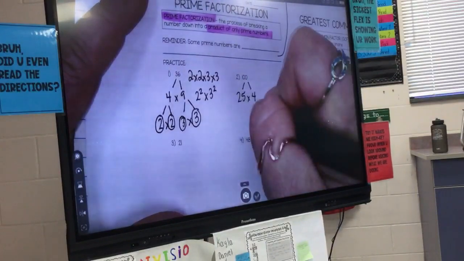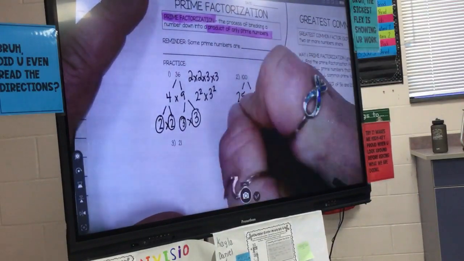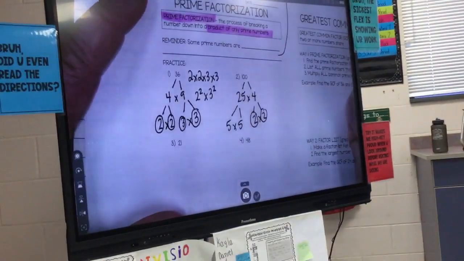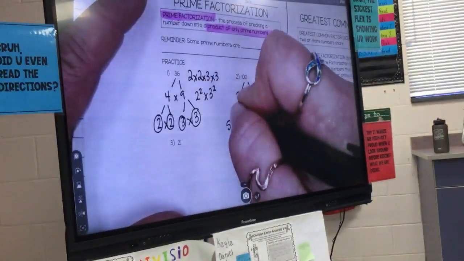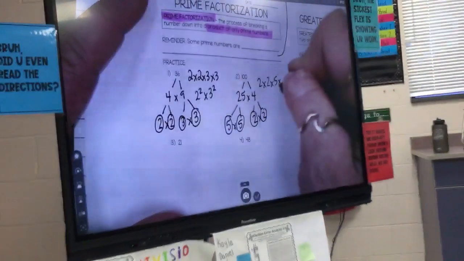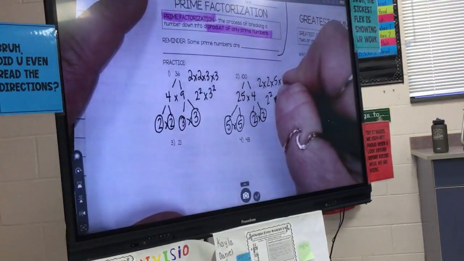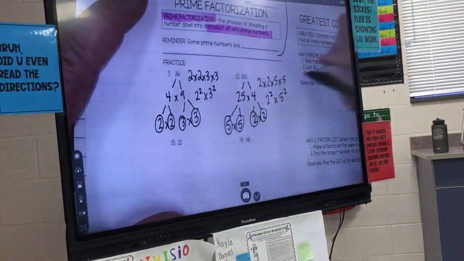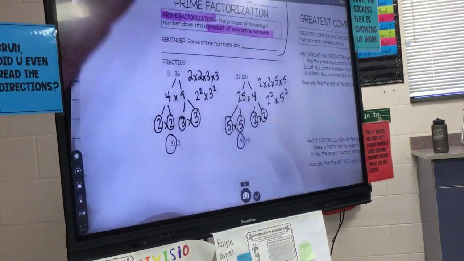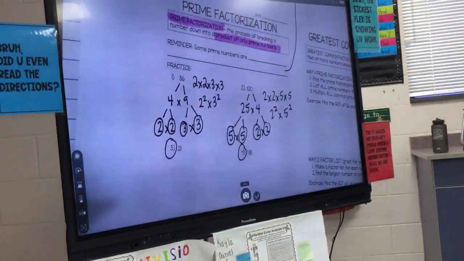And then 25, we have 5 times 5. Are either one of those prime numbers? Yes. Okay. So you do 2 times 2 times 5 times 5, or 2 squared times 5 squared. All right, you are circling 3, and you are circling 4. That's going to be part of your homework tonight.